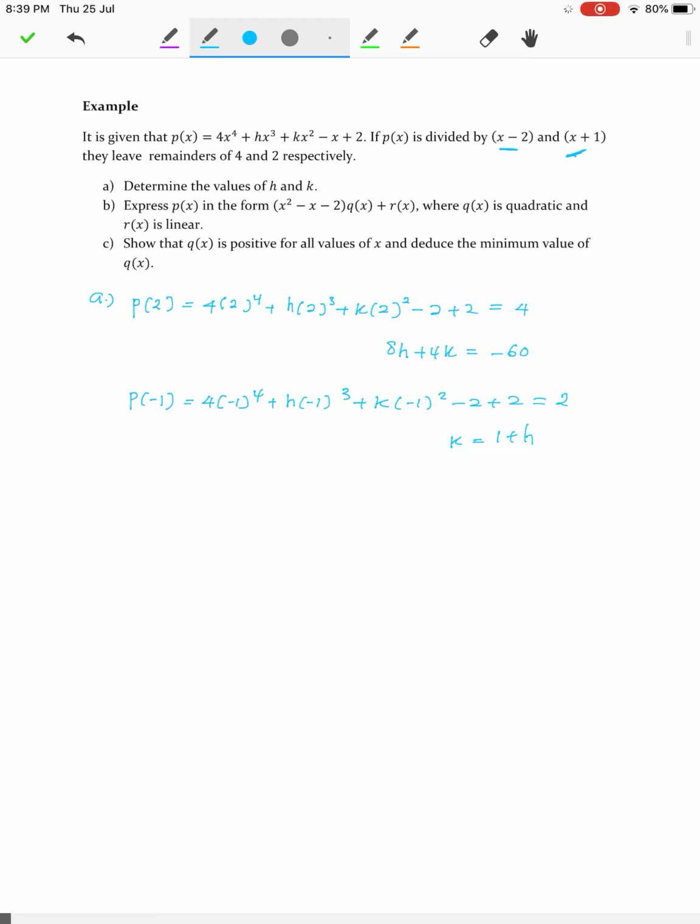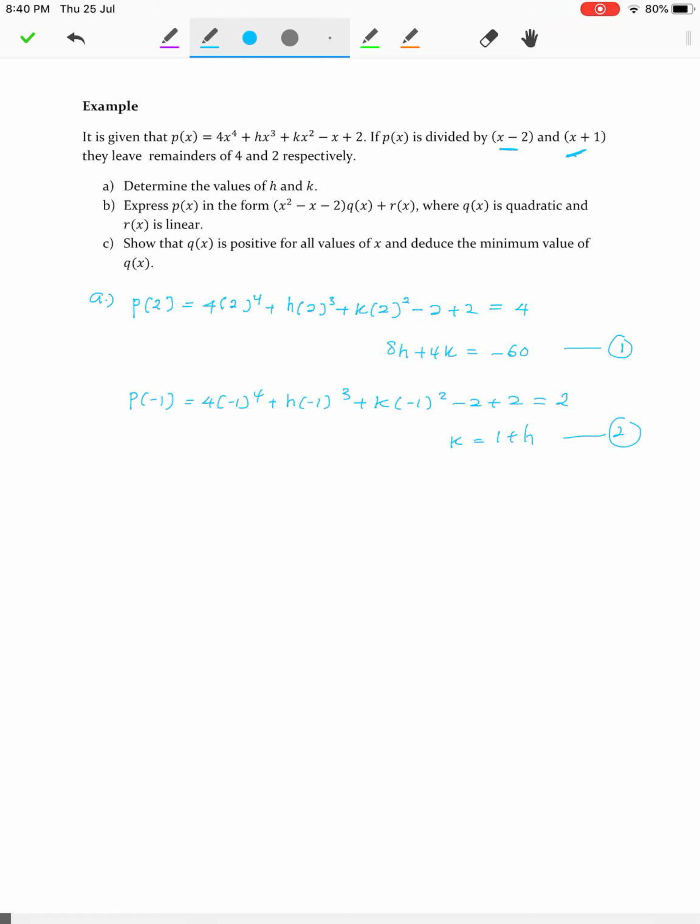So with this equation 1 and equation 2 here, you can solve them simultaneously.